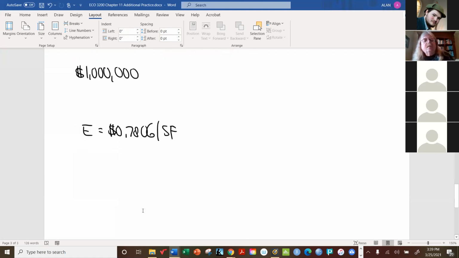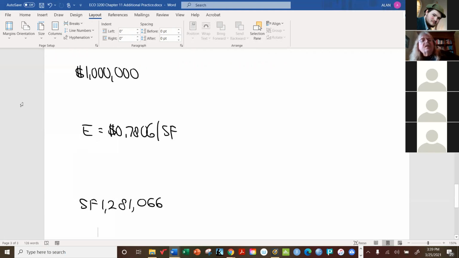Okay, and so on the bottom we'll have Swiss francs. So I'm going to take $1 million and divide by 0.7806, and that will give me, all right, hold on one second. 1,281,065, or let's round it off, 066.